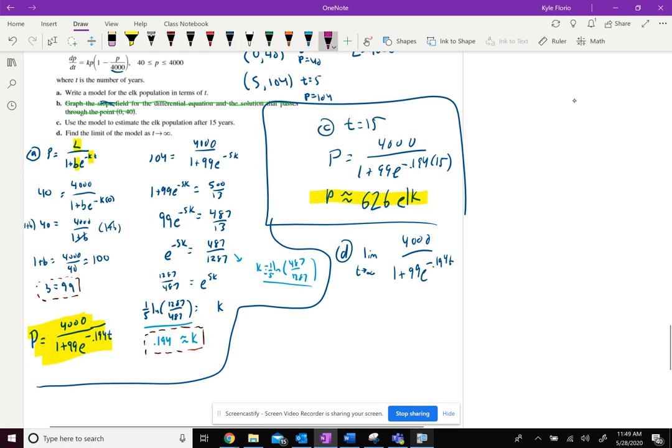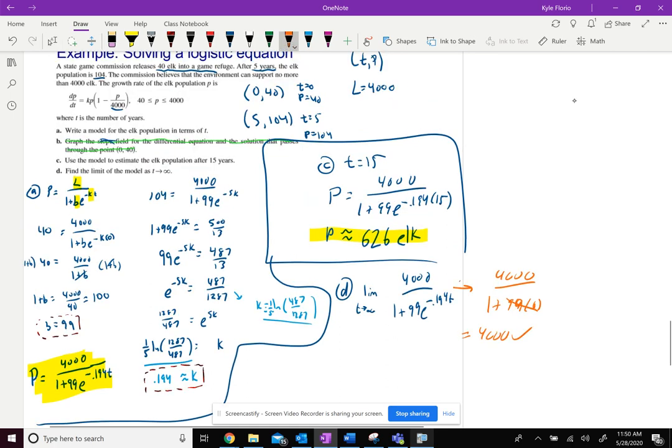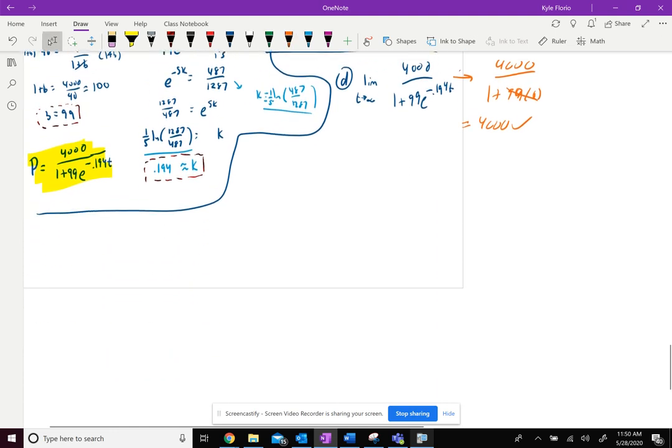As t goes to infinity, this is just going to approach 4,000. As t gets really big, e to the -infinity is going to approach 0. So 99 times 0 is 0. So it's going to be 4,000 over 1, which is 4,000, which checks out with our carrying capacity. So that's what happens as time goes on.